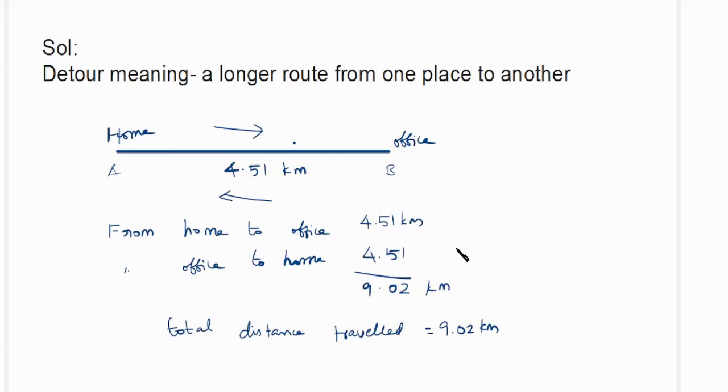To know the total distance traveled by him, we have to add these. 1 plus 1 is 2, 5 plus 5 is 10, remaining 1. 4 plus 4 is 8, plus 1 is 9. So 9.02 kilometers in total he traveled on Monday.